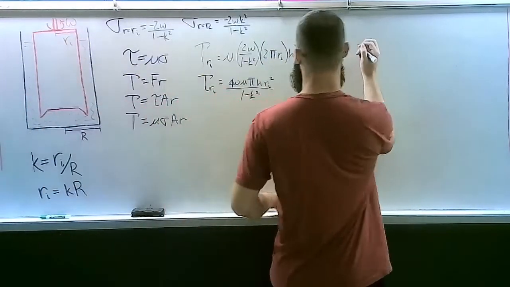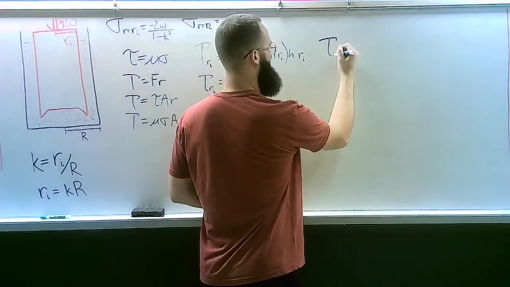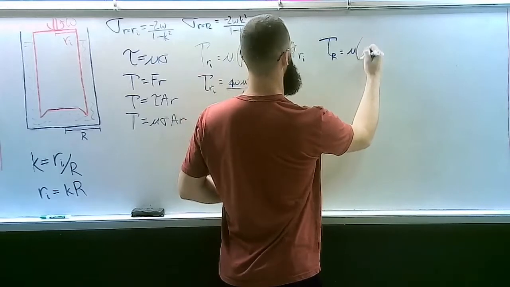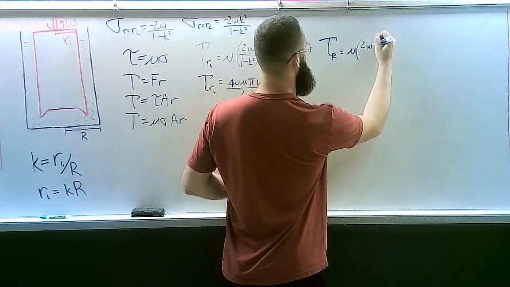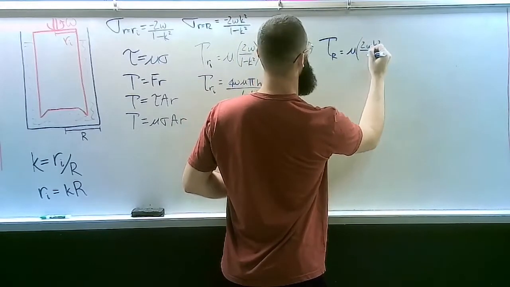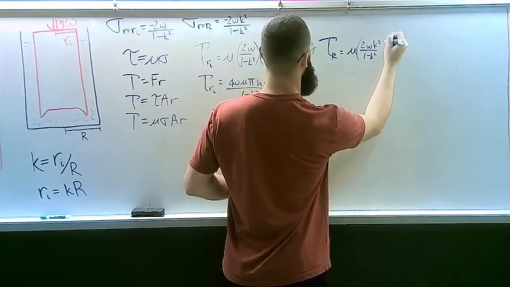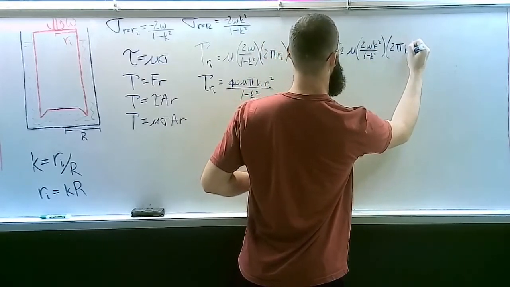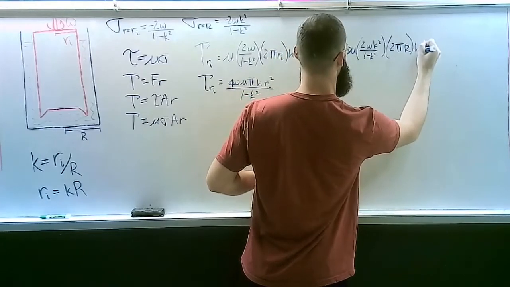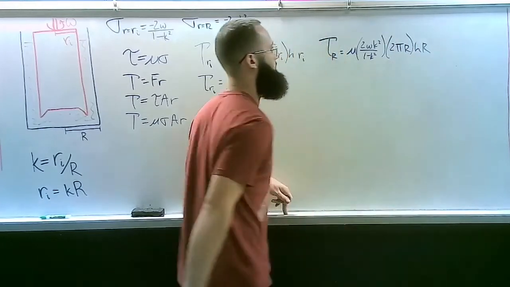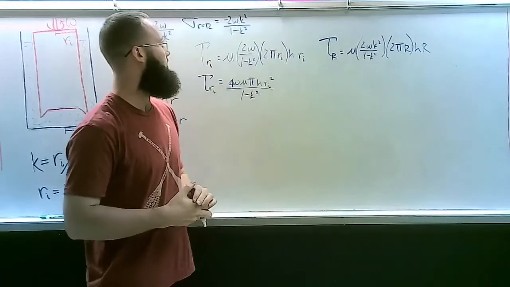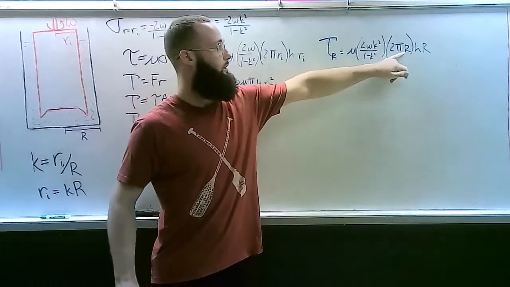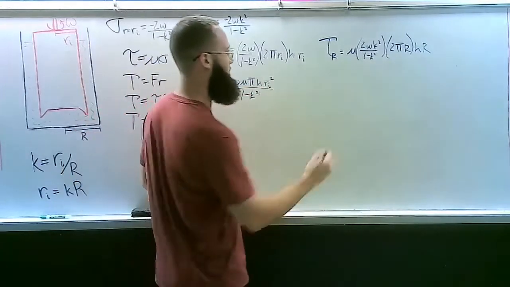So now we're going to do the same thing for the torque at the outer radius. It's going to be very similar, except we're going to use the shear rate at the outer radius, and we're going to use the big R as the radius.